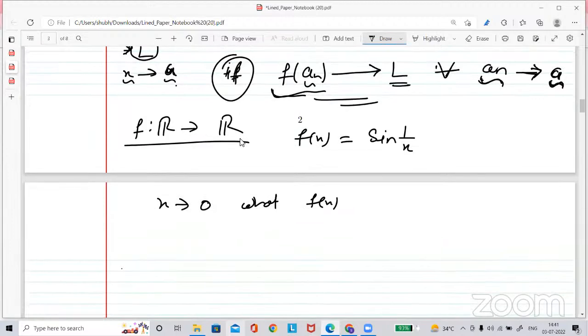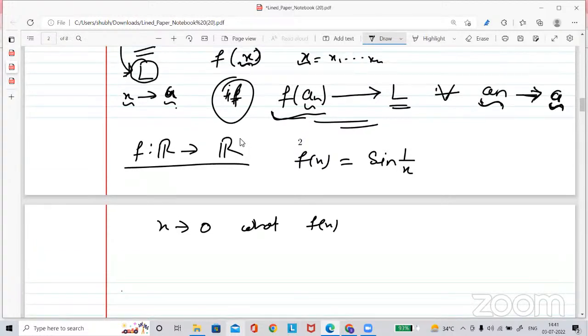Suppose we have a sequence. We choose sequences which approach a. In our case a is 0, so we choose a sequence an which approaches the point where we want to find the limit.